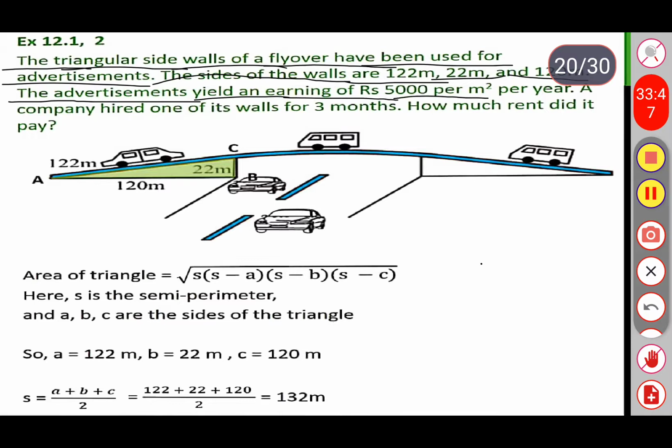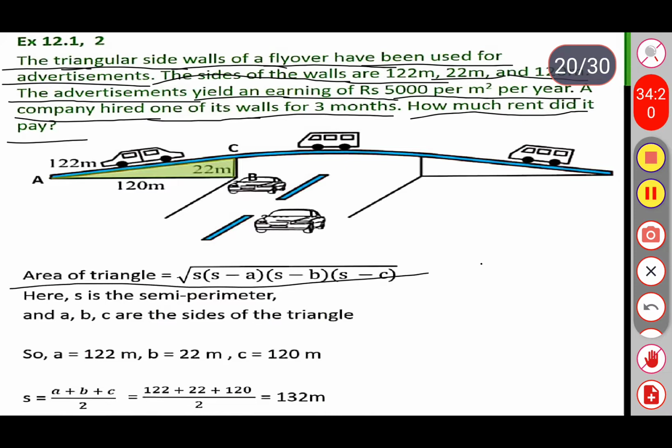The advertisement yields an earning of 5,000 per meter square per year. A company hired one of its walls for 3 months. How much rent did it pay? So first find the area of the triangle. Once we find the area of the triangle, then we can easily calculate the total amount paid by the company for the particular thing. Okay, so the area of triangle formula is here.